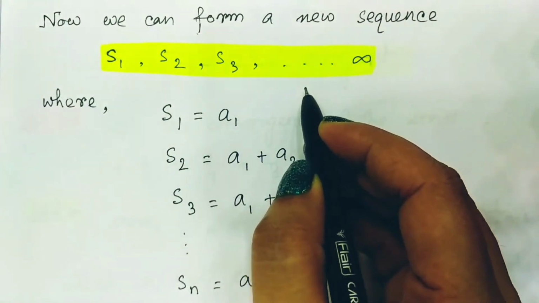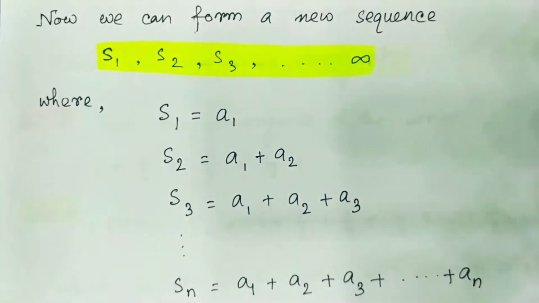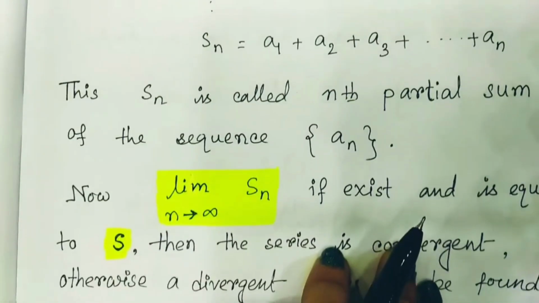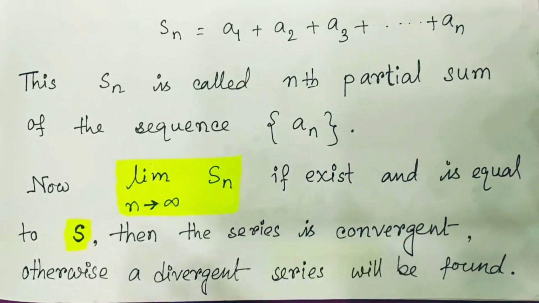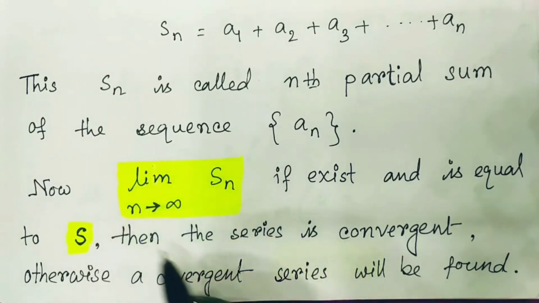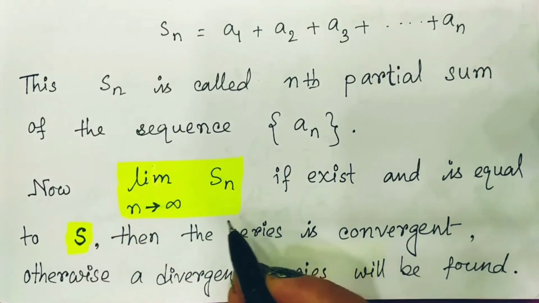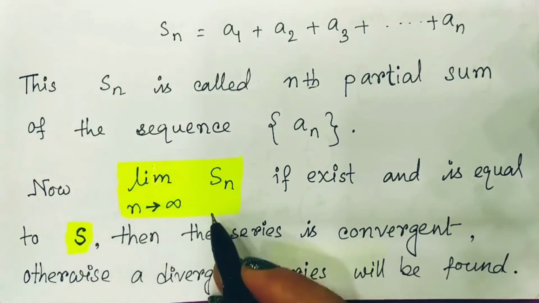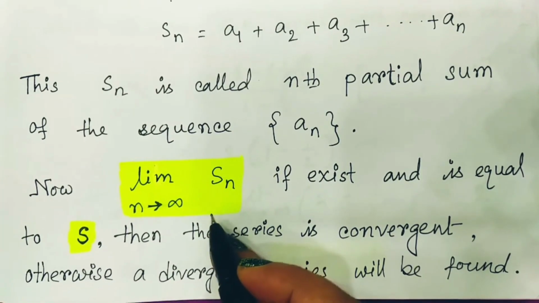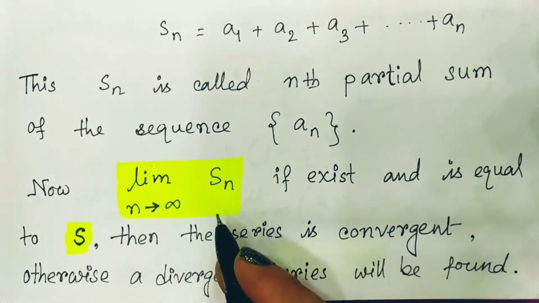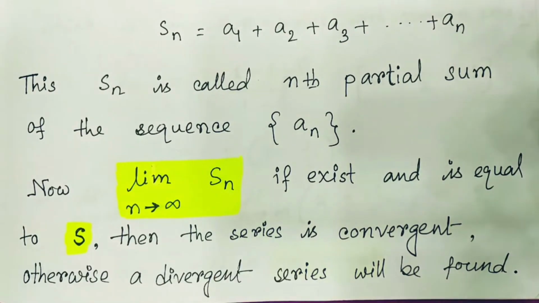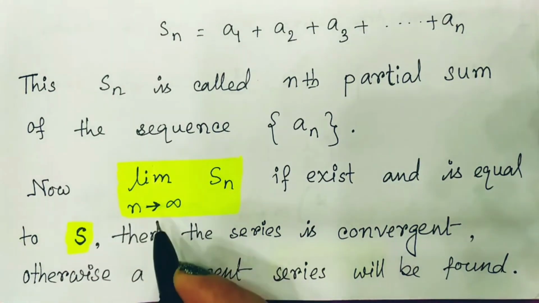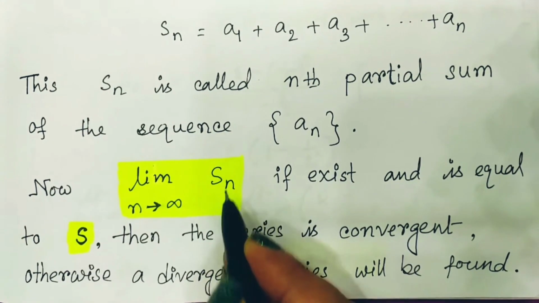If we now take the limit of Sn as n goes to infinity, and we are able to calculate it, then it gives us the limiting value of Sn, which shows that the given series is convergent, divergent or oscillatory, depending upon the limiting value. So this is the limit of Sn as n tends to infinity.